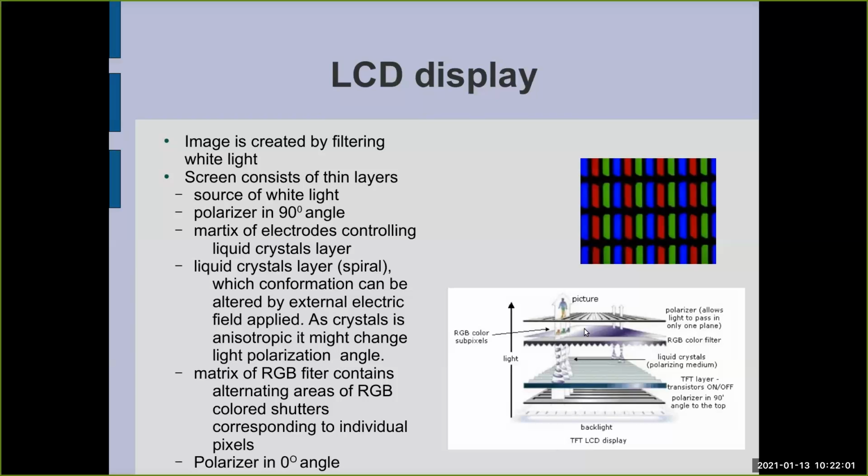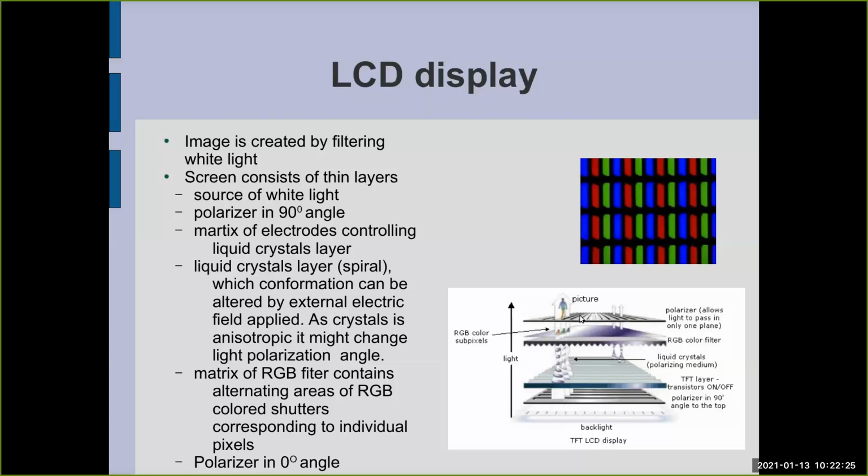But in LCD displays, we have two polarizers which are oriented perpendicular. So in fact, no light should pass. If we have a backlight, and the backlight is polarized by the first polarizer, and then we have the perpendicular polarizer, nothing should pass.